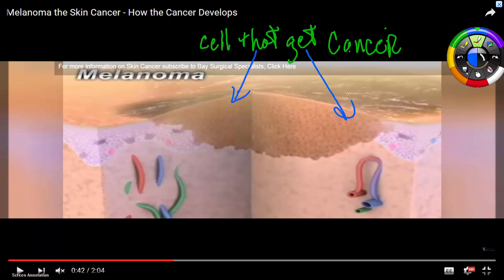And again, I'm being kind of generic here. Cells that divide rapidly and cells that are exposed to bad stuff, carcinogens.